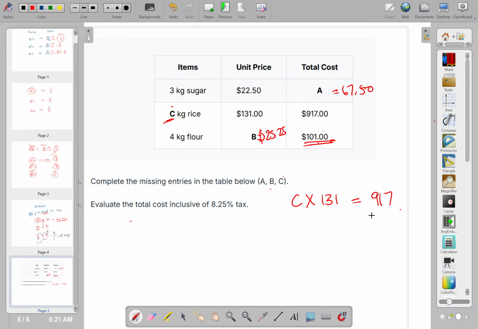Now you learn from me with expressions. Any number 2 times x, 2x. 3 times y, 3y. When you're multiplying expressions, you're going to clump them together. X times y, xy. So then 1.31 times c, 1.31c, equals 9.17. I need to find C.